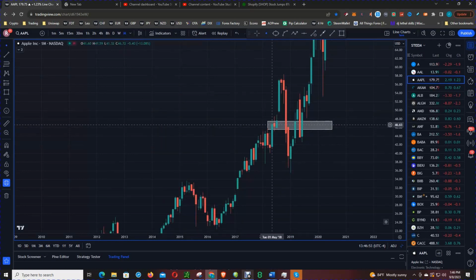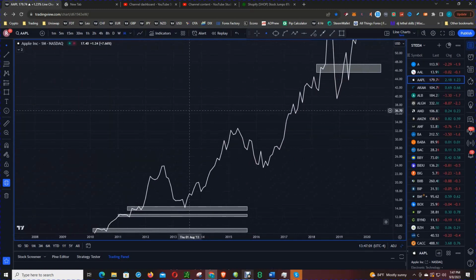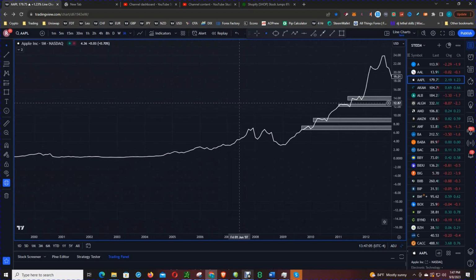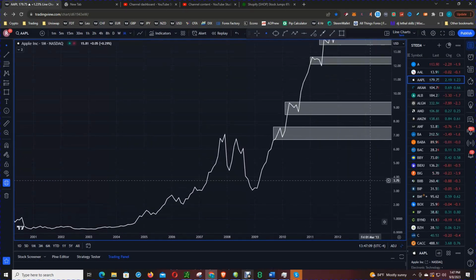So rallying price, two basing candles, and the gap higher did not work out, right? I'm glad I left these on because I want to revisit these.